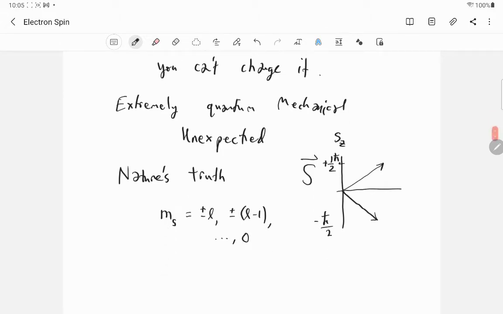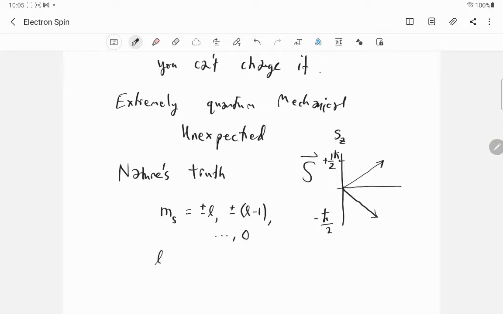But here, L is equal to 1/2, because this is also known as the spin quantum number S. And so that means that m sub s can only take values of plus or minus 1/2, and you actually skip 0. It's either plus 1/2 and you go right over 0 to negative 1/2, and you can't have m sub s equal to 0.